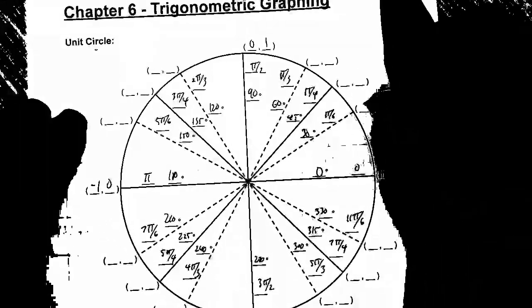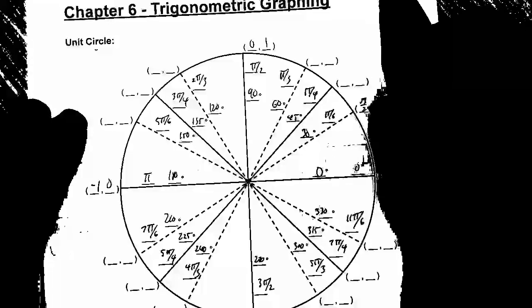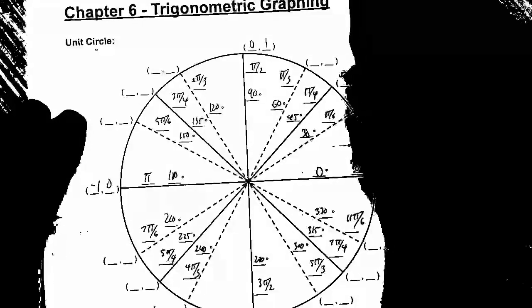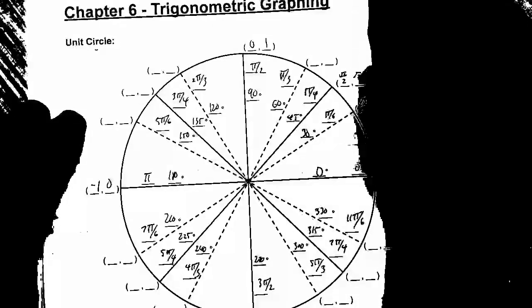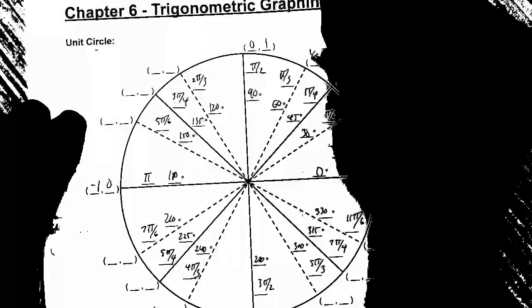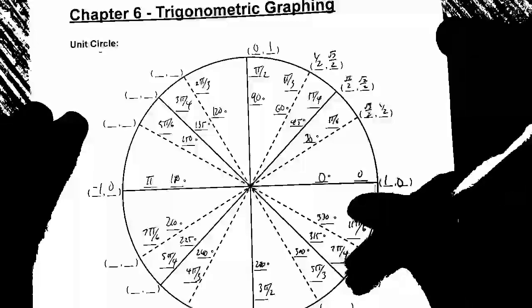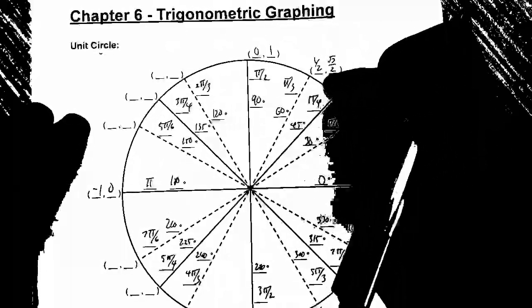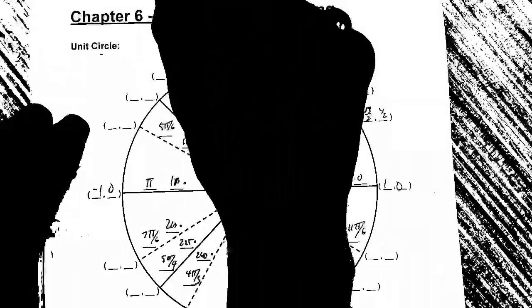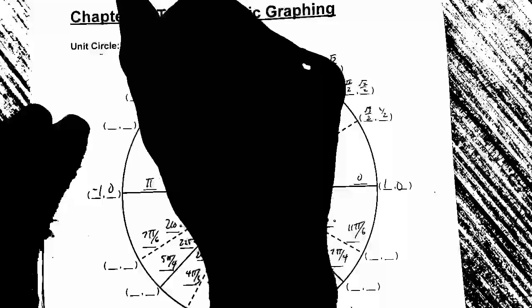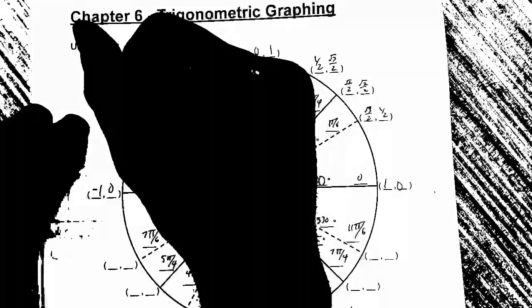So we're going to have root 3 over 2, 1/2, root 2 over 2, root 2 over 2, 1/2, root 3 over 2. And then from there, we can just mirror it across, right? That means if this is root 3 over 2, this also has to be root 3 over 2, and then root 2 over 2, and then 1/2.